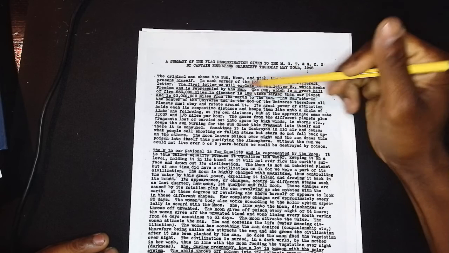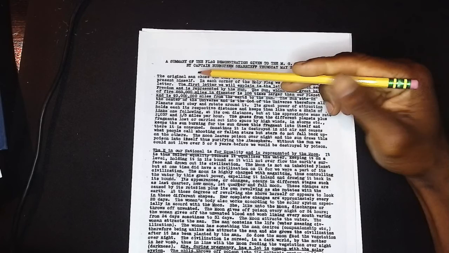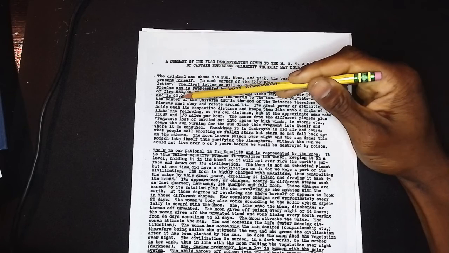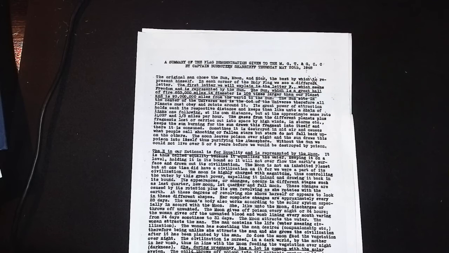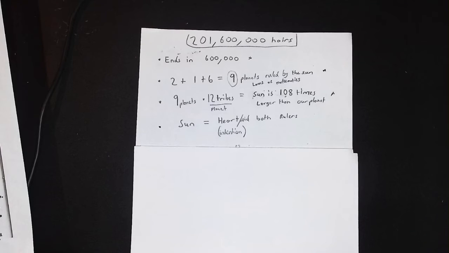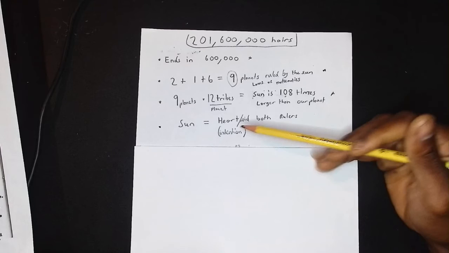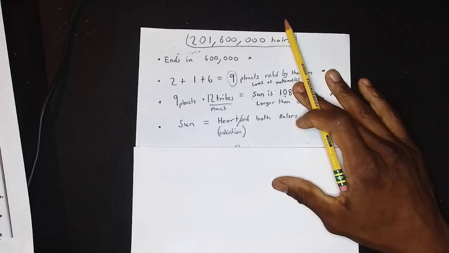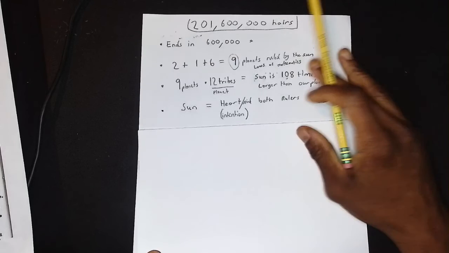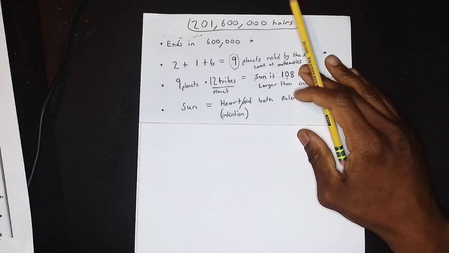That's where we get that 108. And it is 93 million miles from the Earth to the sun. Now the sun and the heart, mind, or intention, those are rulers.